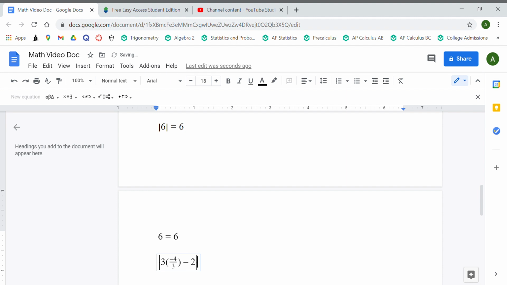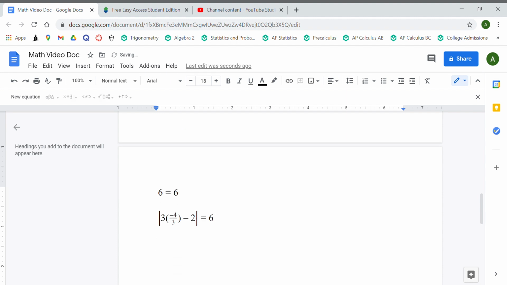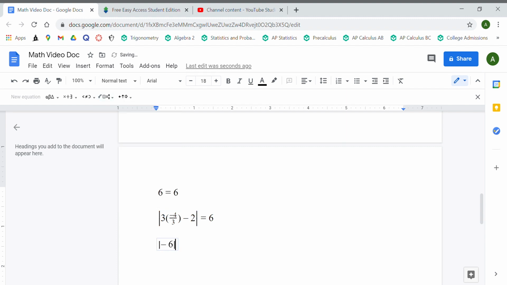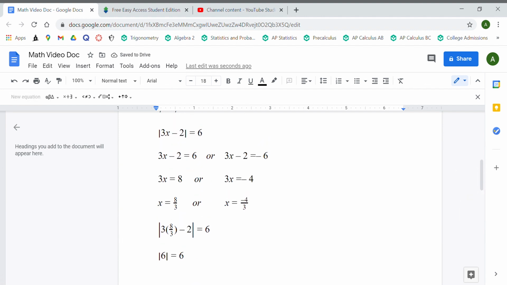Forgot to close the parentheses. Equals 6. And then 3 times negative 4 is negative 12. Divided by 3 is negative 4. Minus 2 is negative 6. And then 6 equals 6. So both solutions here are valid, and we're done.